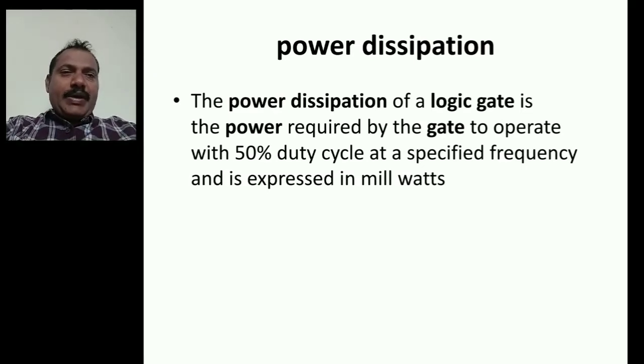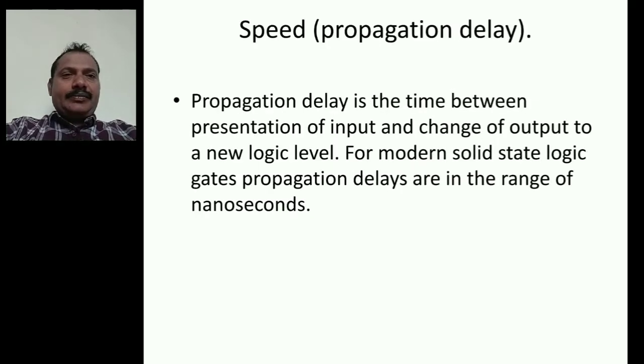The power dissipation is the power required by the gate to operate with 50% duty cycle at a specified frequency, and it is always expressed in milliwatts. So this is the power dissipation.